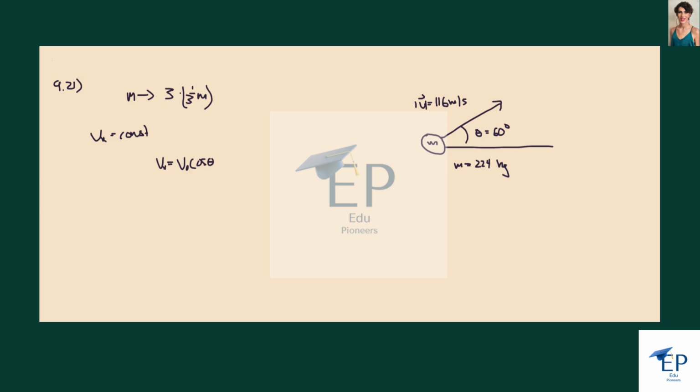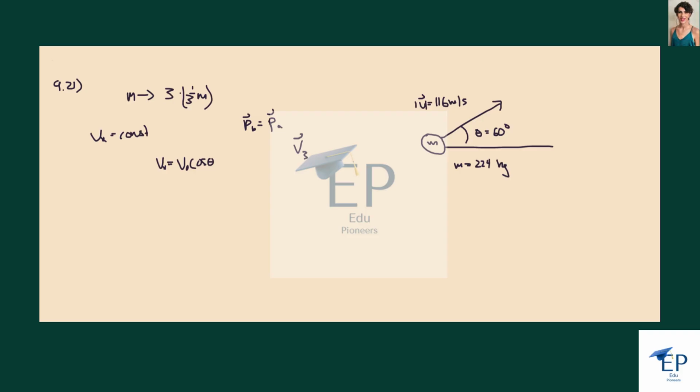We know that momentum before and after the explosion needs to be conserved, so P before equals P after. Let V3 be the velocity of the third fragment, which is what we're trying to find. Let's write out our momentum equation.